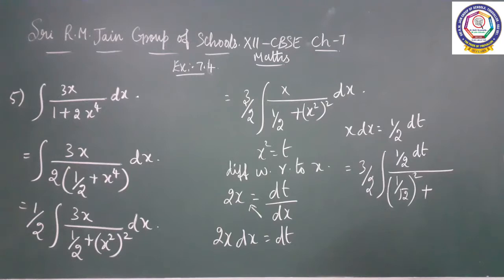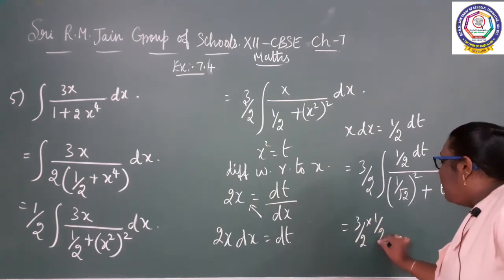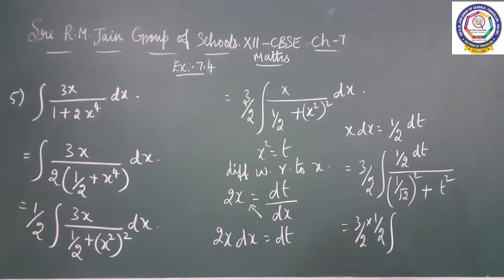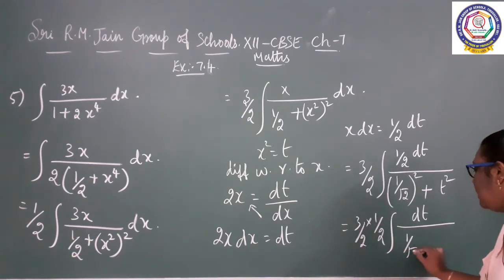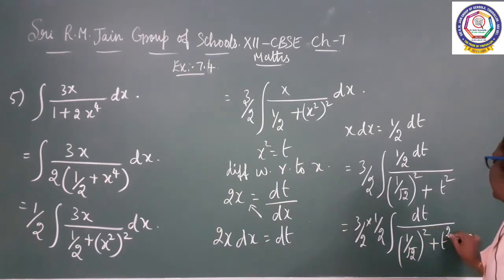What we have taken there? It is t square. So it gives 3 by 2 into 1 by 2 integral dt by 1 by root 2 the whole square plus t square.